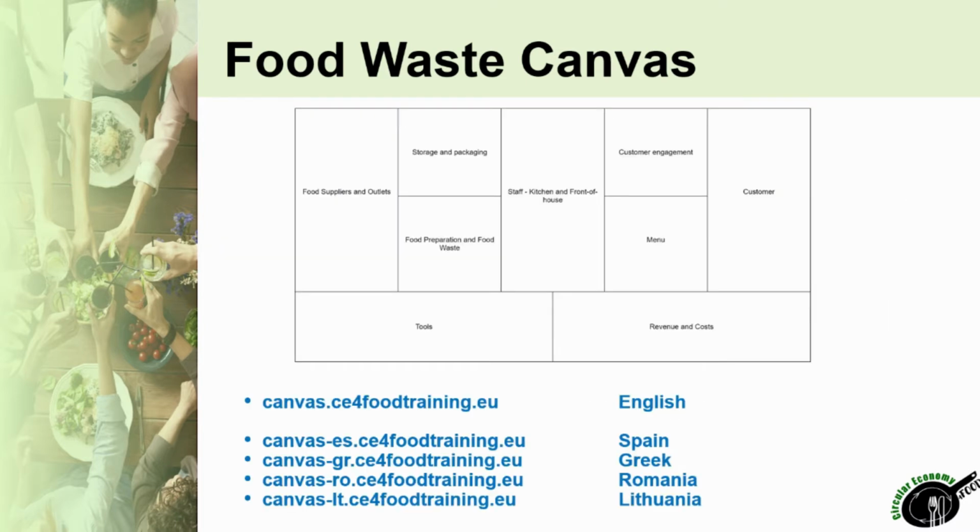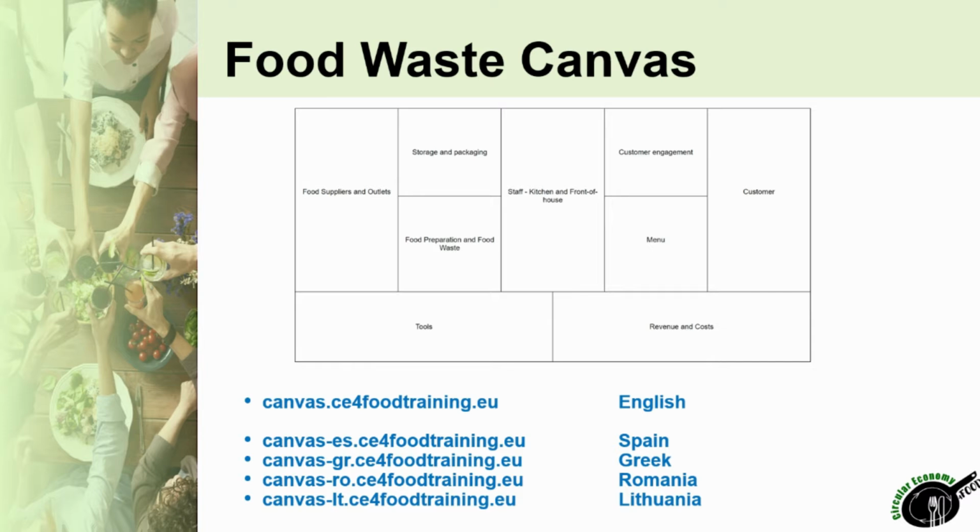So in our context, we've taken various areas of the restaurant, kitchen or food service business and created parts of that can then be used to improve, from food suppliers through to the relationship with customers and the menu.